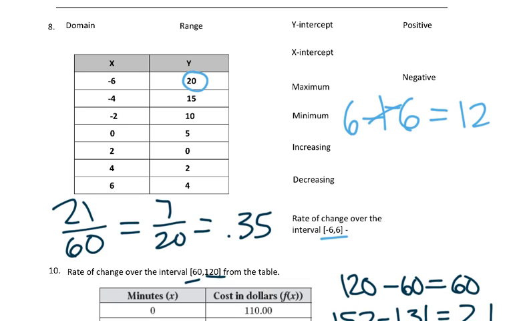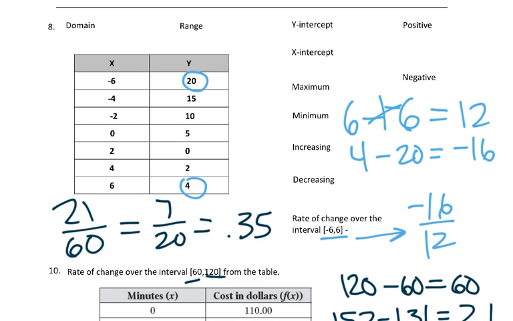Negative 6 is 20, positive 6 is 4. 4 minus 20 gives us negative 16, so rate of change, negative 16 over 12. Which could reduce to negative 4 over 3 or negative 1.3.